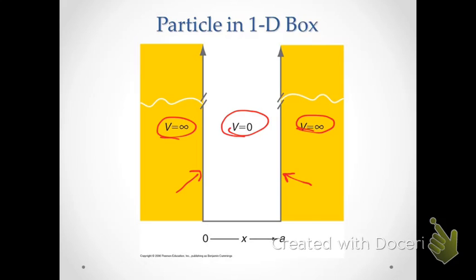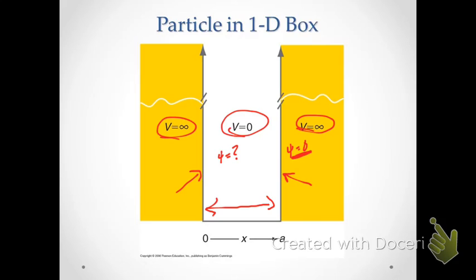Now we've already mentioned that because we have an infinite potential, the particle remains trapped in this region between 0 and A. We'll prove that mathematically in a second, but because the particle remains trapped, if we remember our basic definition of the wave function, if the particle cannot exist outside the box, then the wave function must be zero outside the box.